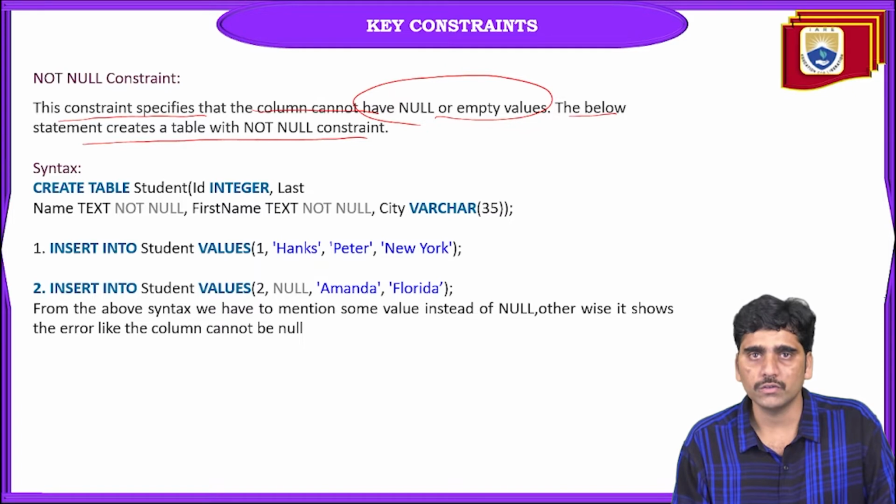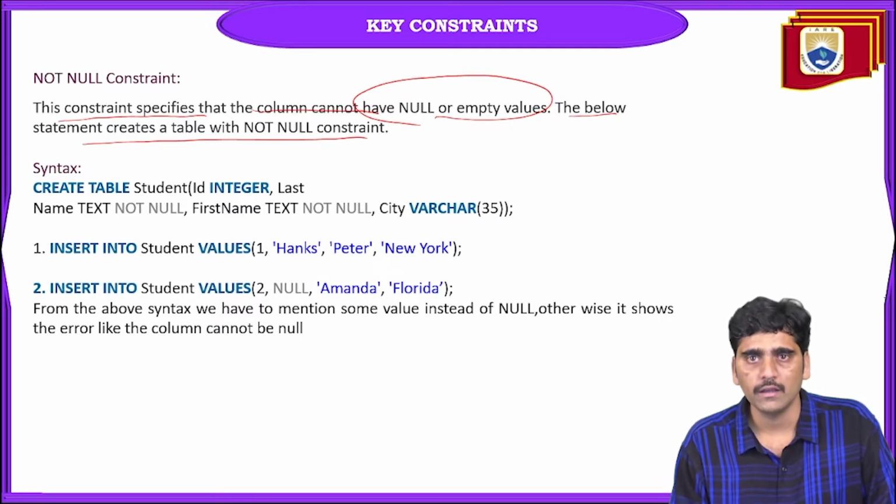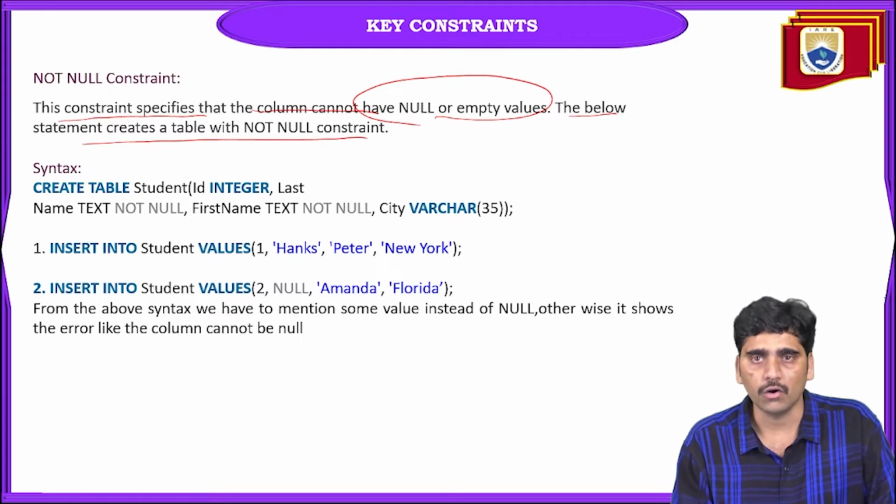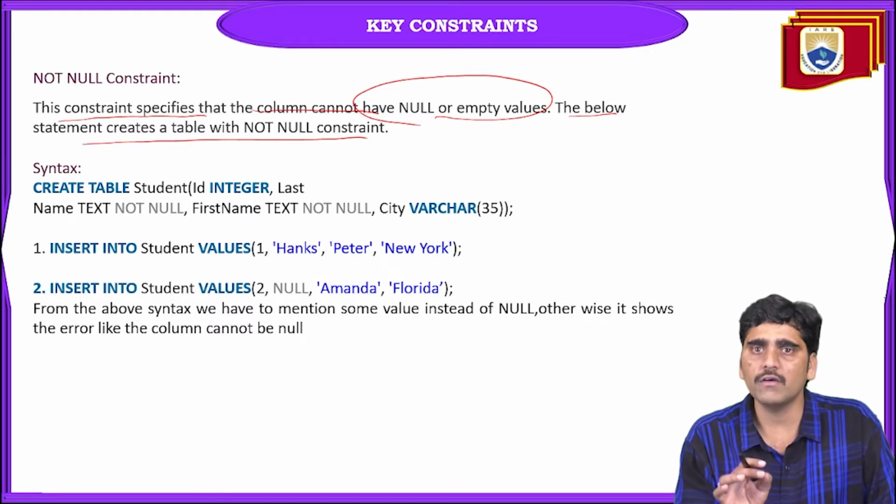Indirectly, we are applying the not null constraint on a column. That column is not going to have any empty or null values. Definitely it should have some values.